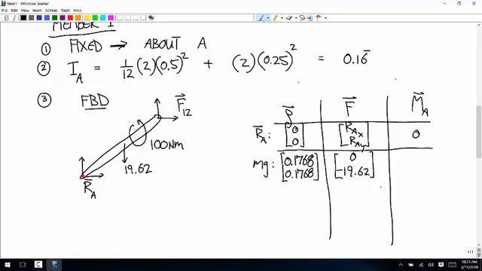And what's the cross product? Negative 3.47.